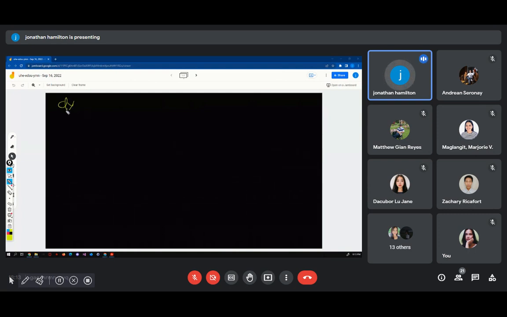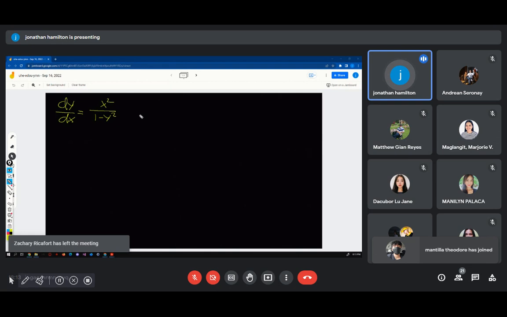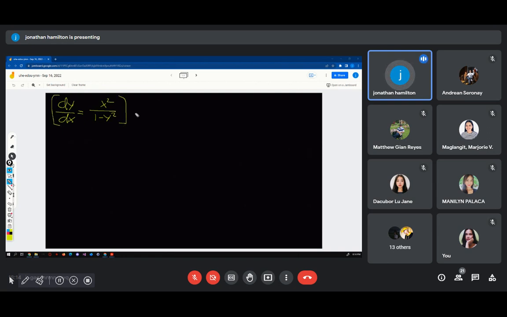We have dy over dx is equal to x squared over 1 minus y squared. Now, to try and simplify this, or to try and see if it is a separable equation, we try to separate the dy over dx. So let's say we multiply both sides by dx.